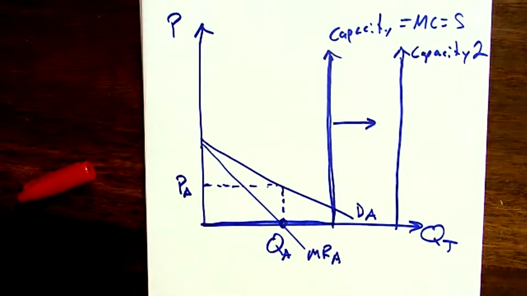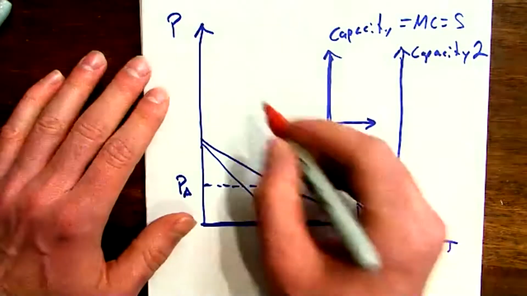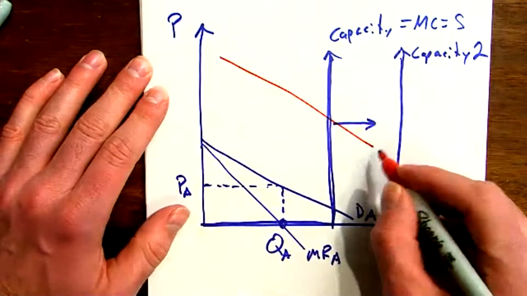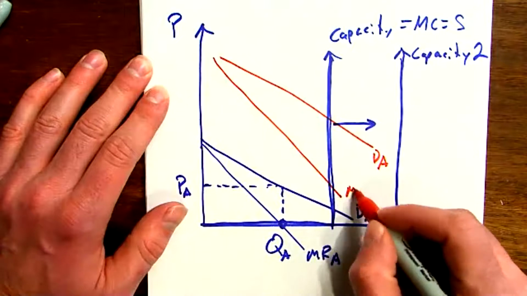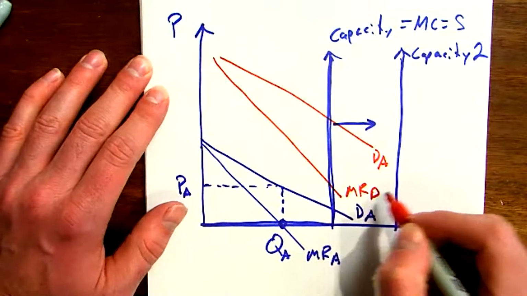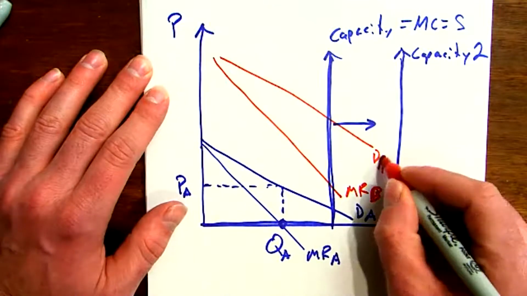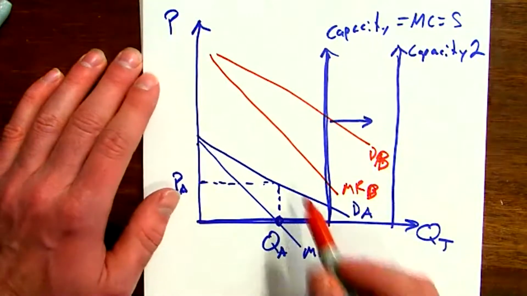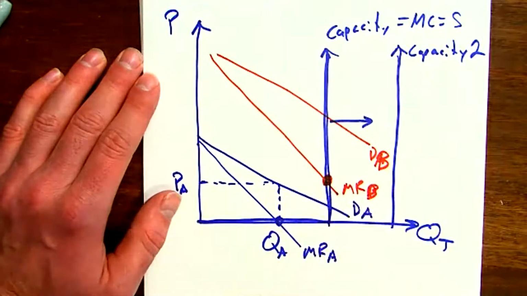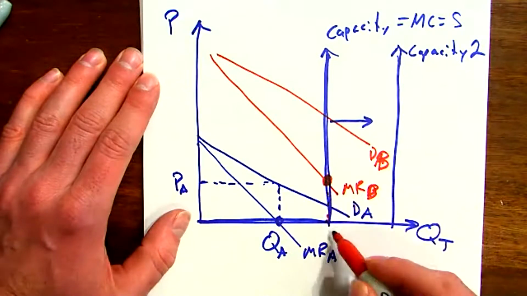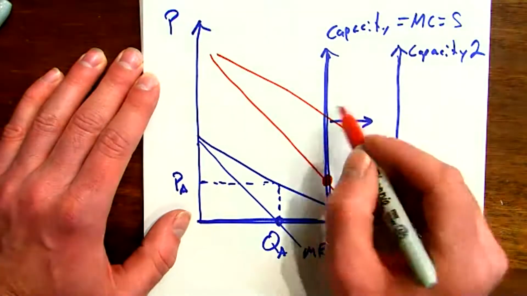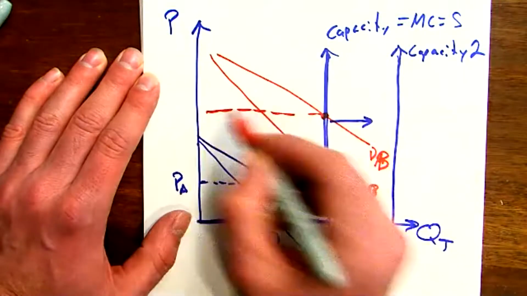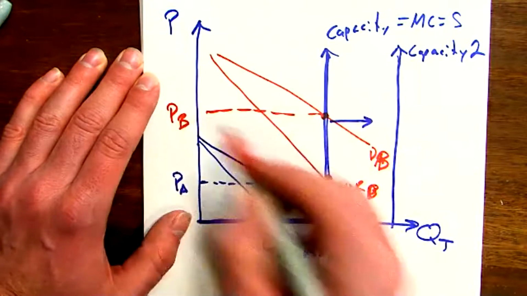But what if we had team B, who we were told was selling to capacity? Their marginal revenue is hitting capacity somewhere like this. That way the quantity is going to be whatever capacity is, the equilibrium quantity. Equilibrium price would be somewhere up here.